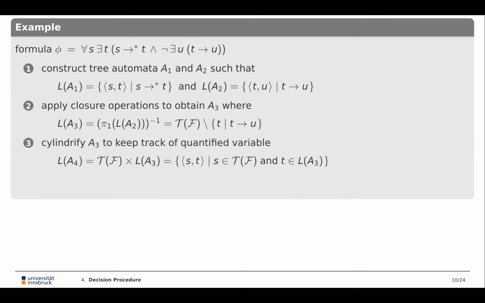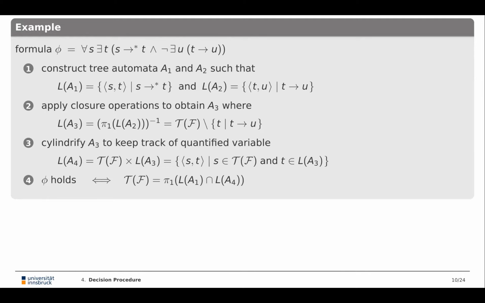To then combine this with the automaton A1, we first have to make sure that the arities match, since we have a unary relation in A3. We first have to cylindrify this. This is simply done by constructing the product with the set of all ground terms on the left here. Using this, we can then construct the intersection with the A1 automaton.